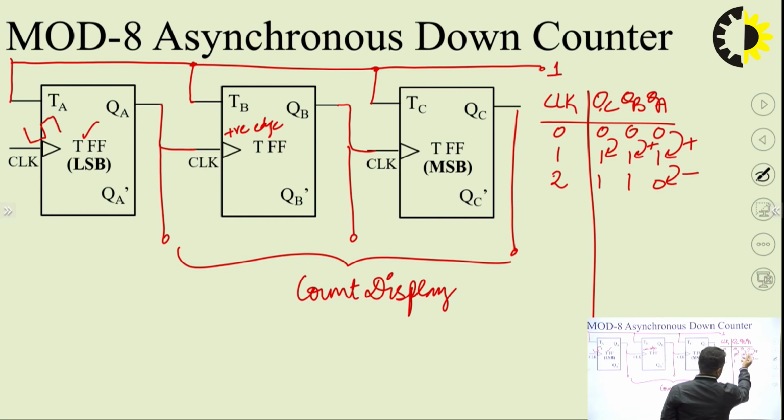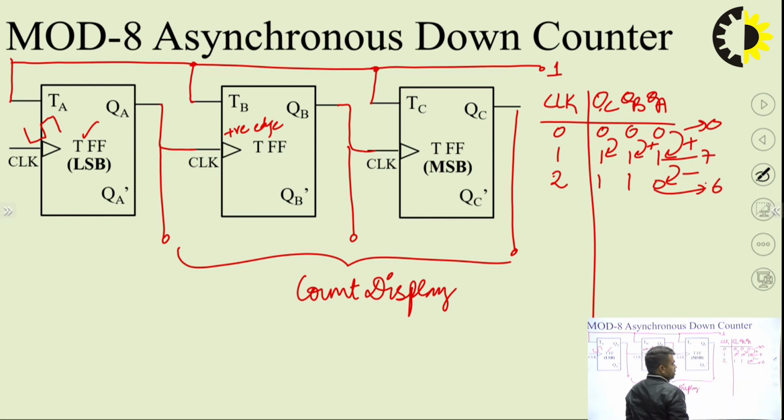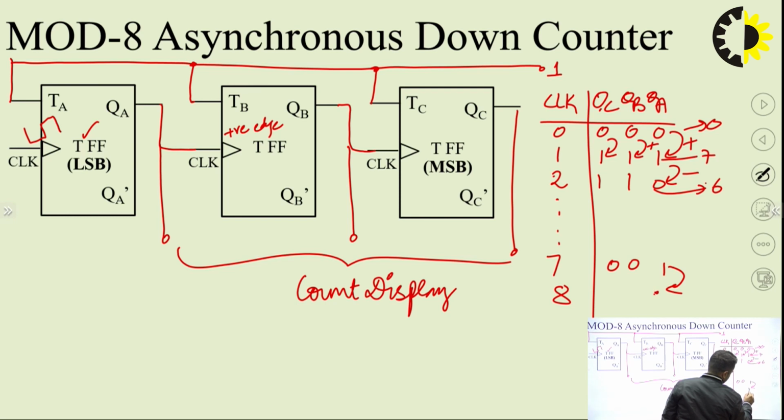You can check that this is equivalent to 0, this is equivalent to 7, this is equivalent to 6, and you can proceed further. Similarly, if you reach 7, then it will go from 6, 5, 4, 3, 2, 1, and it will reach 0, 0, 1. And then if you apply the 8th pulse, then again 1 to 0 will be the negative transition.